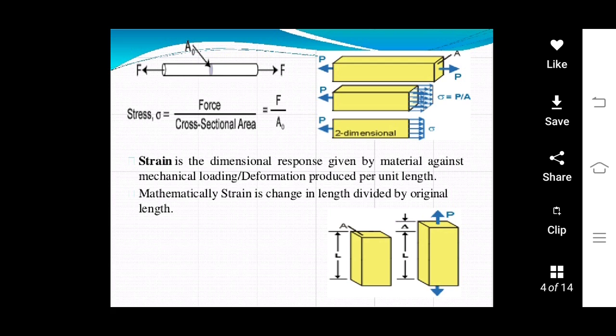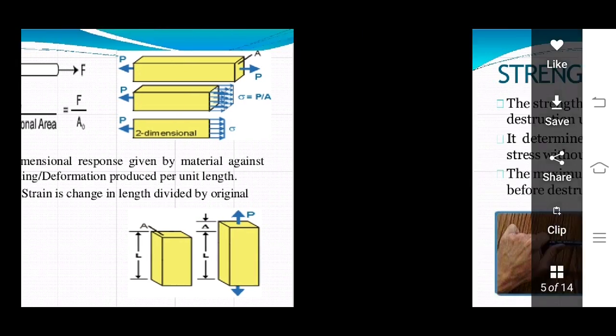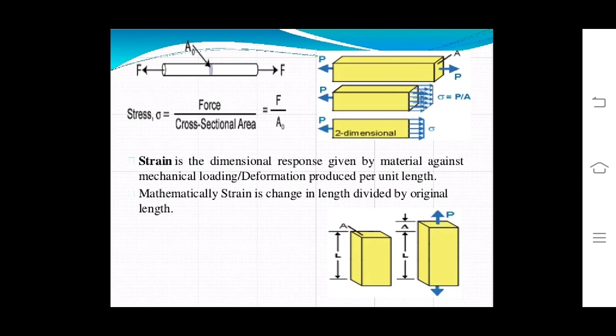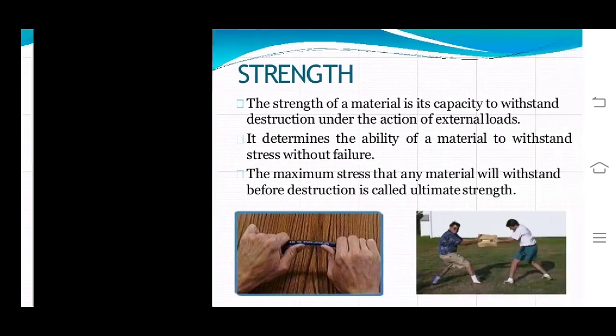In the initial stage, if there is no load, the length of metal is L, and after pulling by applying some load on that metal or neutral axis, the metal elongates by dimension A, and in this case the strain can be calculated by the formula: A divided by L, that is change in dimension per original dimension.